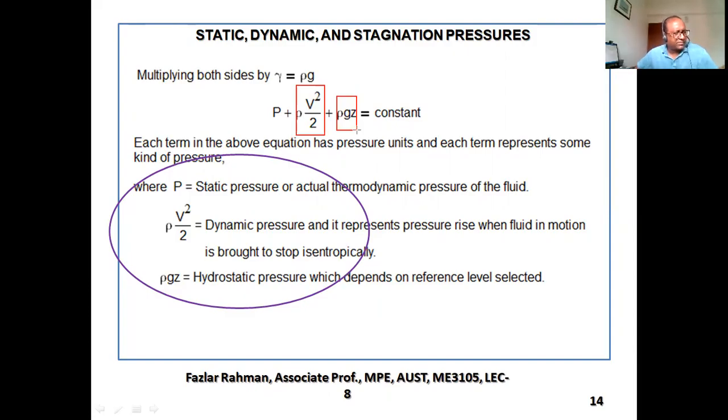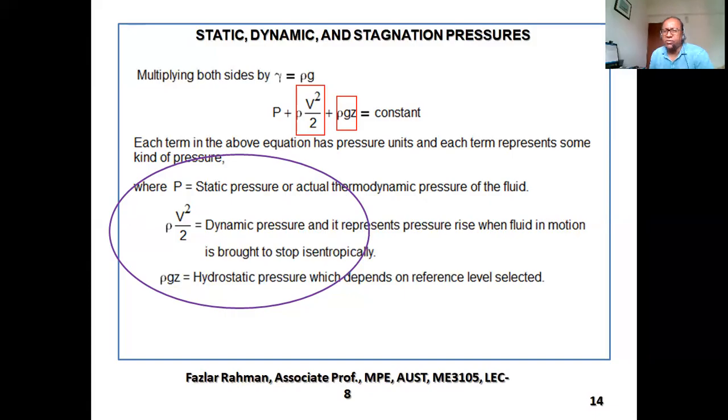Anyone could tell me? I'm not sure you are there, but P is the static pressure, unit of pressure.